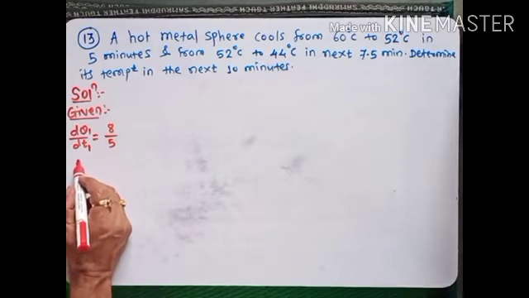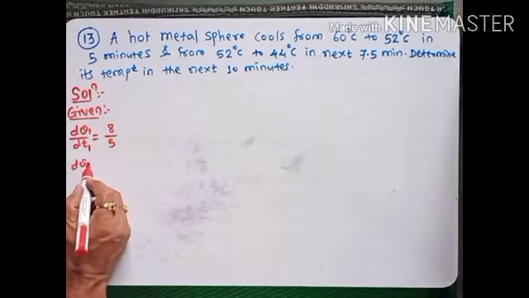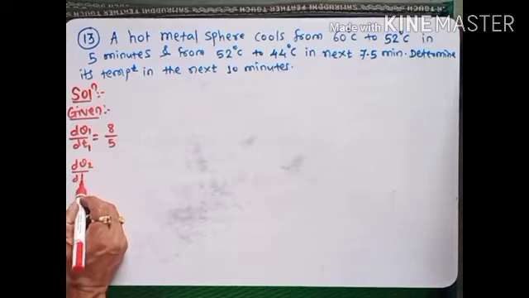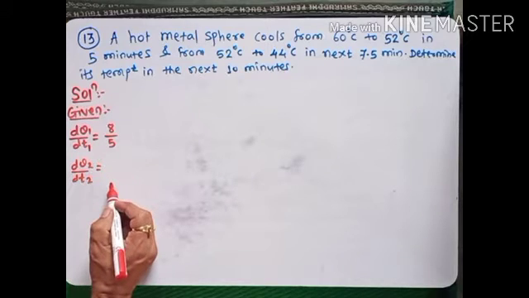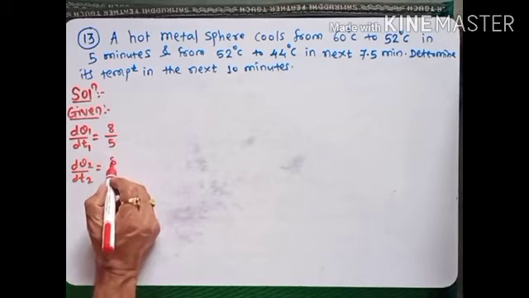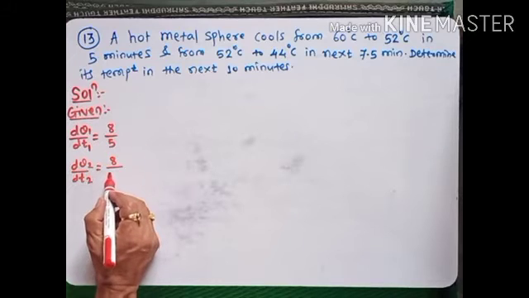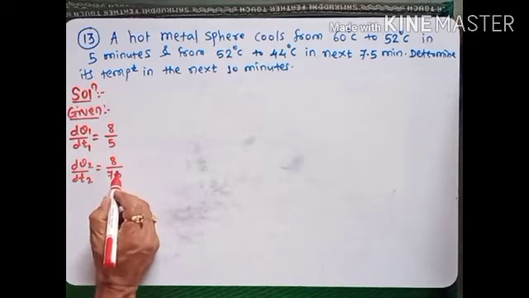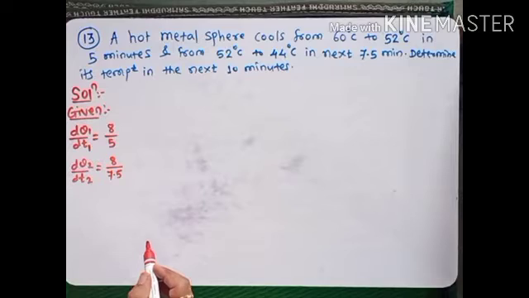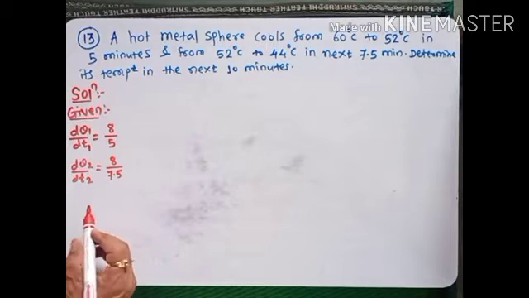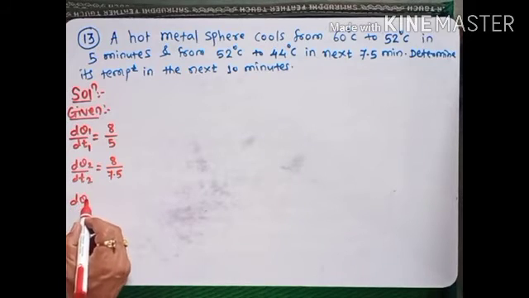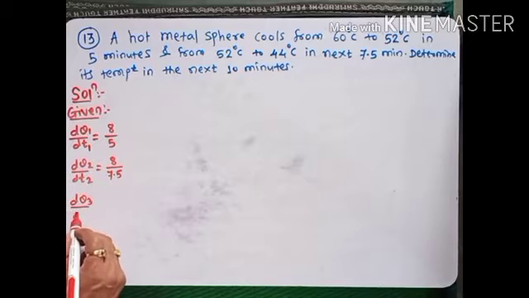Now the second one, from 52 to 44: d theta 2 upon dt2 is equal to 52 minus 44, which means again 8, in the next 7.5 minutes. Determine its temperature in the next 10 minutes, which means d theta 3 upon dt3.